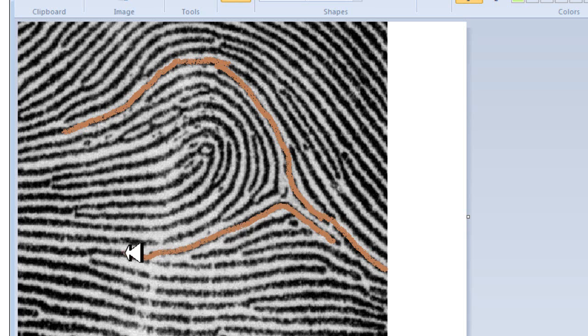And then I drop down. All right. What I have defined is the type lines of the loop, and let's just use a yellow coloration for the delta, and that would be this area right here.